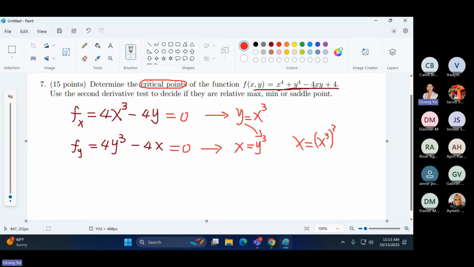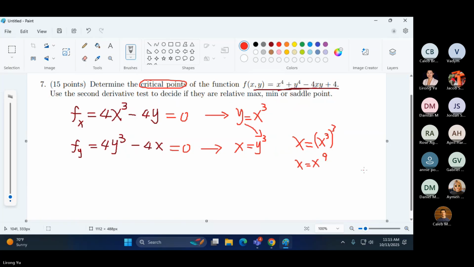We substitute it, so this is x equal to x to the power 9. And then you move the x over. You will have x minus x to the power 9, and basically we try to ultimately solve the x value. And then x is a common factor. You factor the x out, you have x times 1 minus x to the power 8.